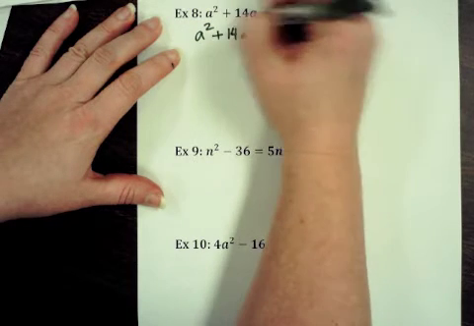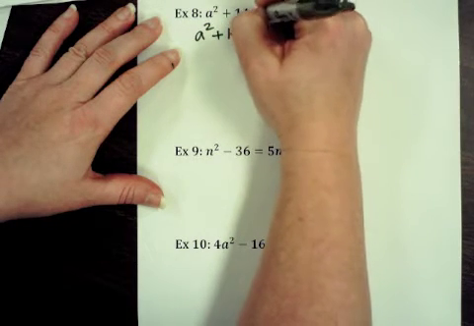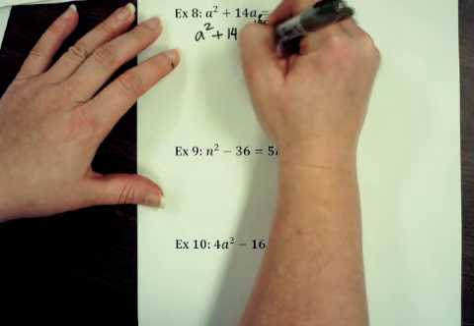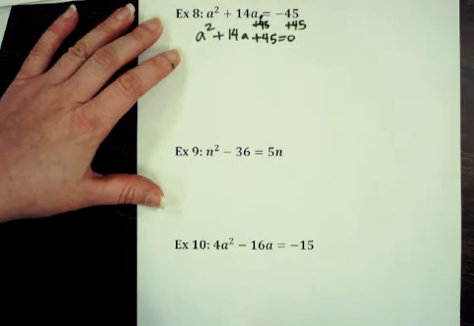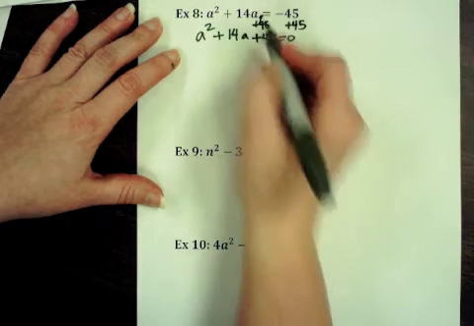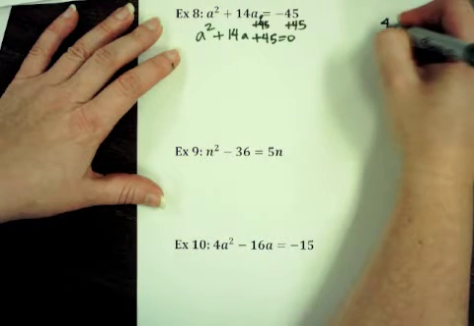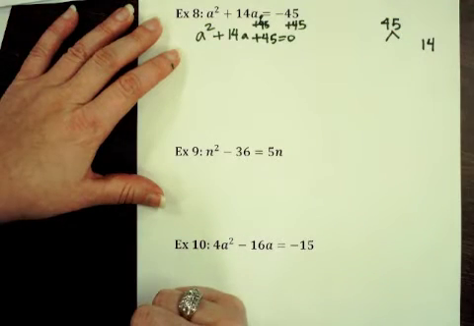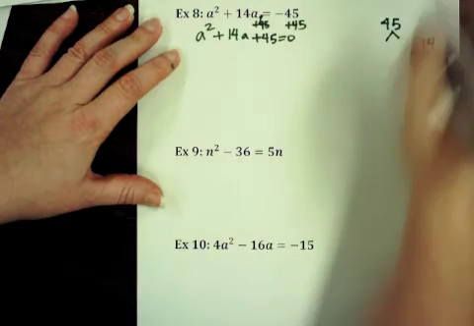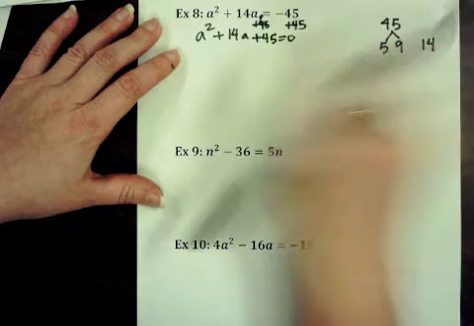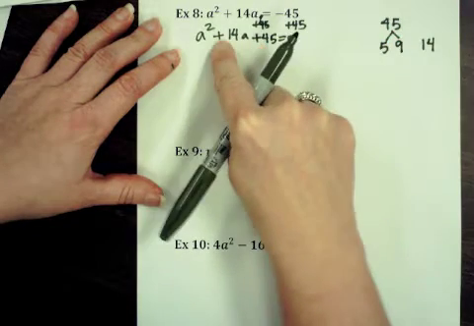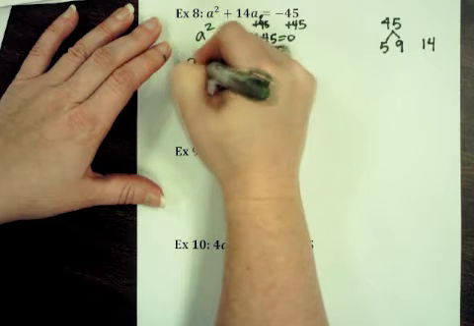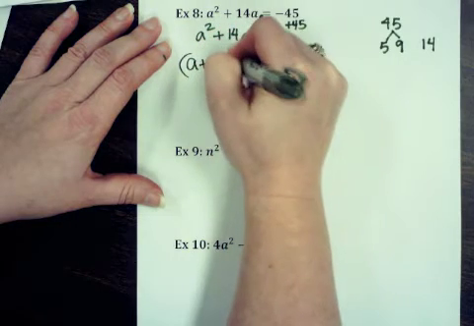So when we add 45, we squeeze that in the back and set it equal to 0. Now, I say what multiplies to give me 45, but adds to give me 14. And I'm going with 5 and 9. Signs are the same and they're both positive. So that's super easy on that part.